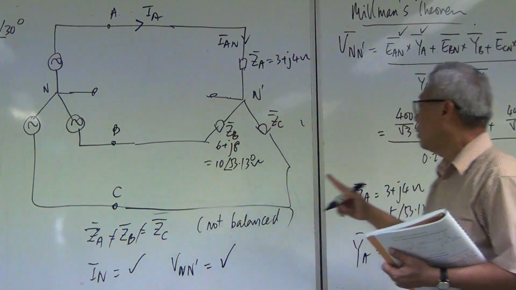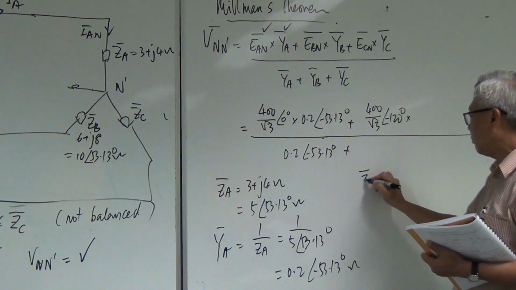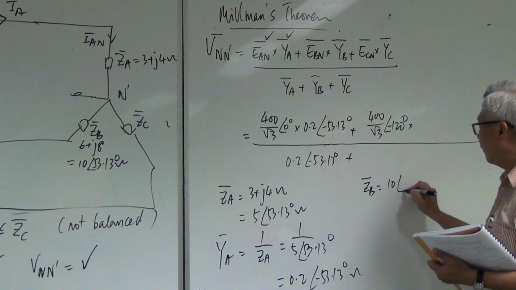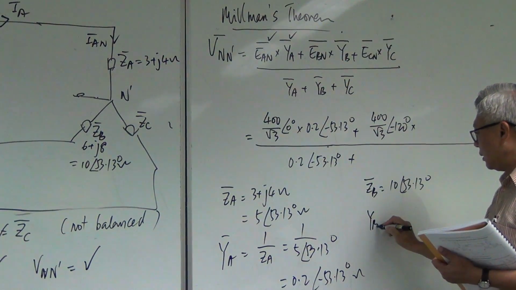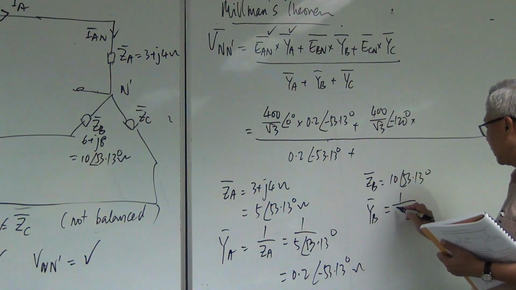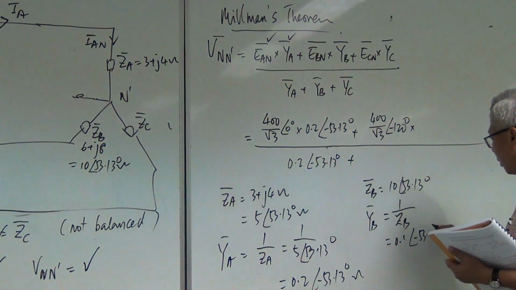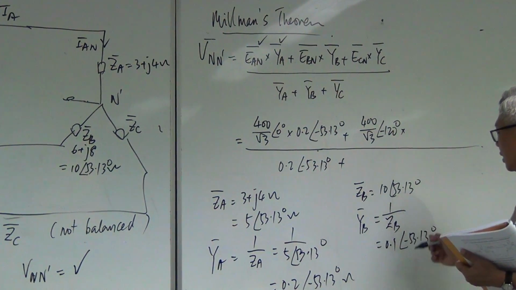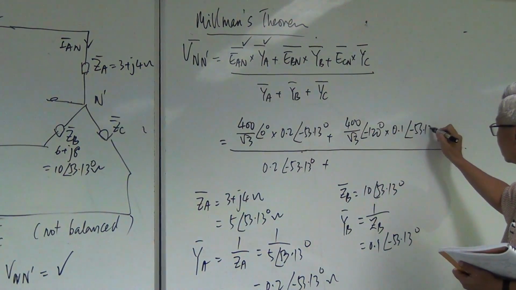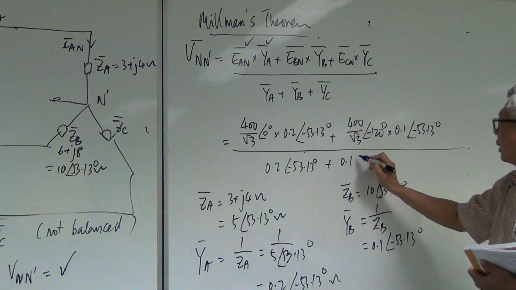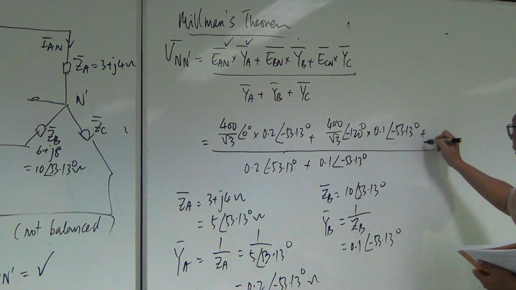So the admittance, 1 over ZB, becomes 0.1∠-53.13 degree. You substitute that in here, and then you add the third one.